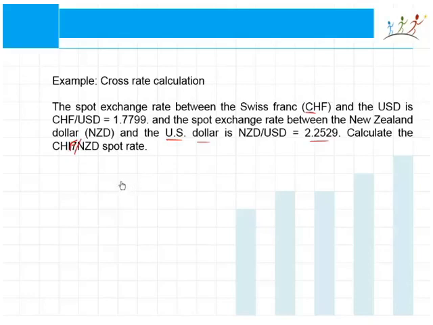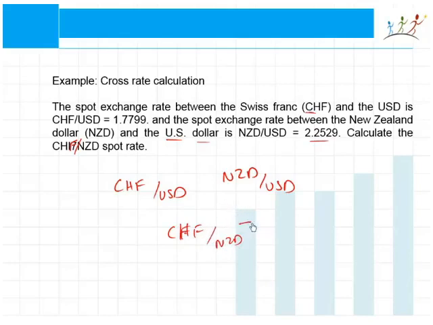So we are given CHF to USD and we are given NZD to USD, and what we are asked for is the CHF to NZD. Now please note, the first step would be to determine how the target rate can be calculated from the given rates.